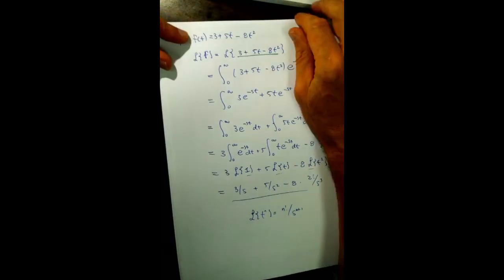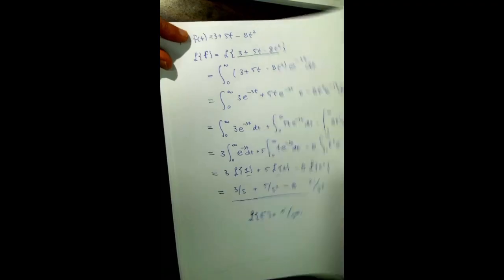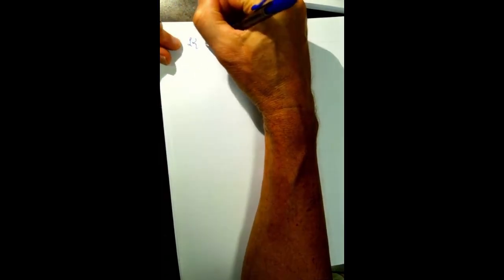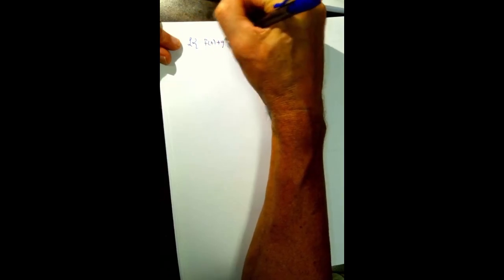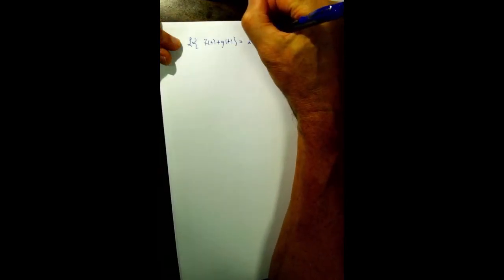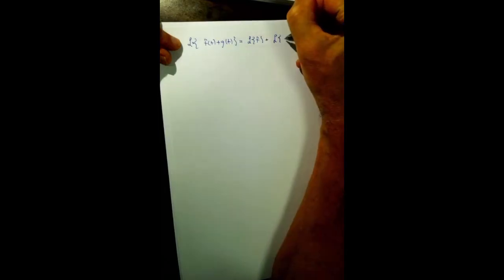Okay. We also have, if I look at the Laplace transform of f of t plus g of t, if the Laplace transform of f and the Laplace transform of g exist, then this just becomes the Laplace transform of f plus the Laplace transform of g.